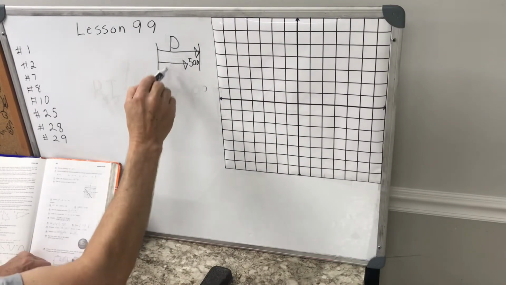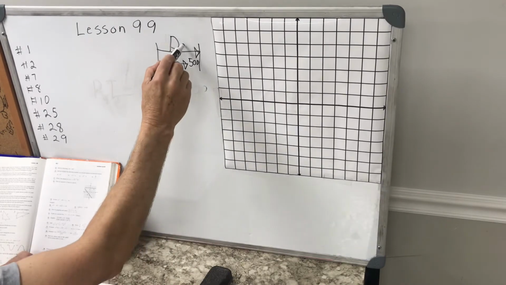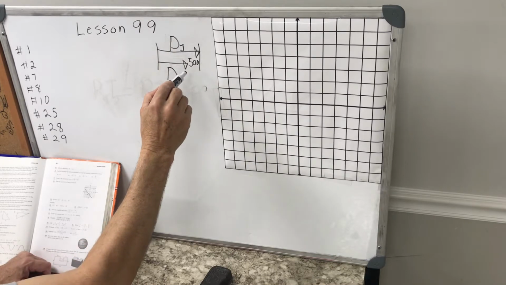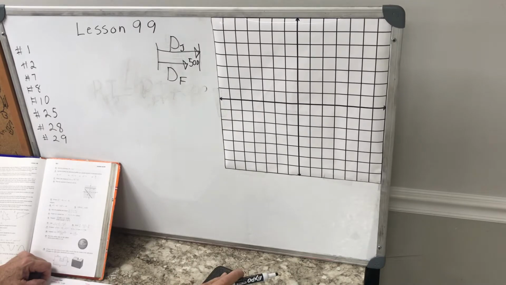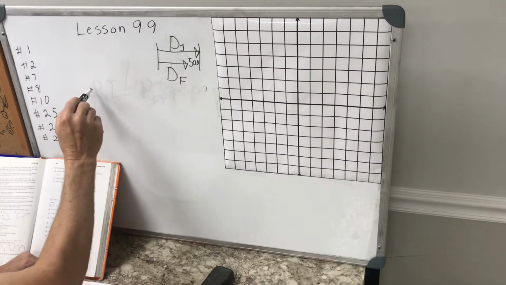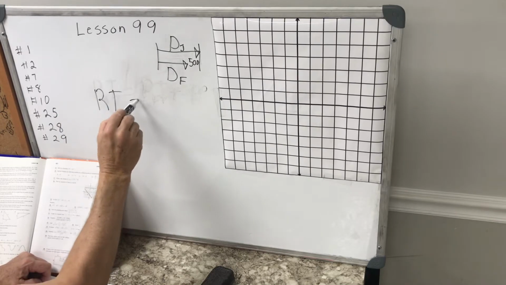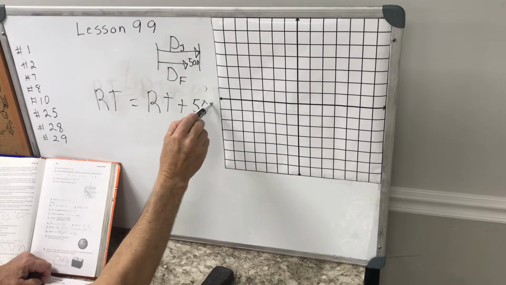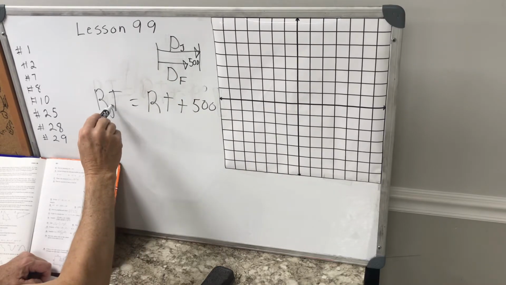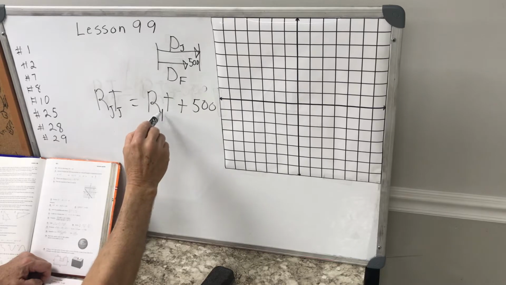Here we have distance, and this is Julie's, and this is Ferris, because Ferris ended up 1 lap behind. Now read that carefully and make sure you understand that Ferris is 1 lap behind. Julie is a full lap ahead, is what it's saying. All right, so now we have it established here, so we go RT equals RT plus 500. Understand that? Here's Julie's, and here is Ferris.